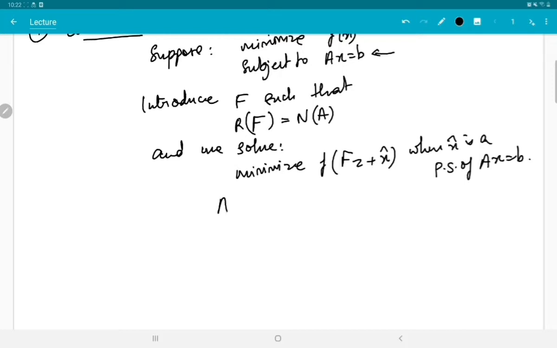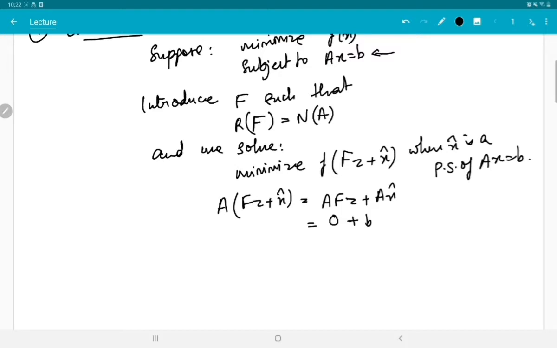We can see this: A of (Fz + x hat) will be AFz + A x hat, and this is 0 and this is b. So all the values of the form Fz + x hat will be in the feasible set of our problem 1. Minimizing over this feasible set is equivalent to minimizing our same function over Fz + x hat.